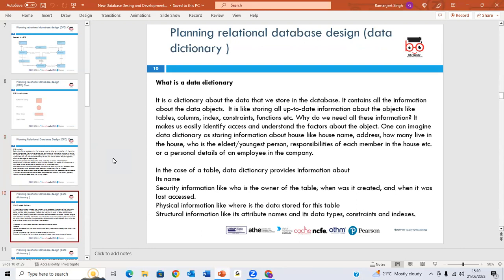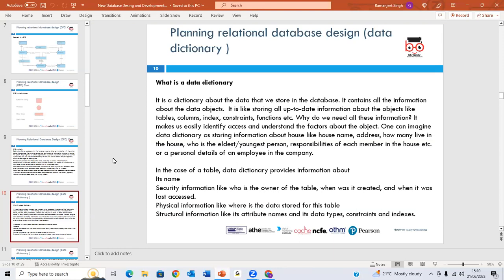So what do we mean by data dictionary? By data dictionary, it is simply a directory about the data that we store in a database. It always contains information regarding our object, such as entities and attributes, and all the information about our object, like table, columns, index, or constraints. So why do we need all this information?